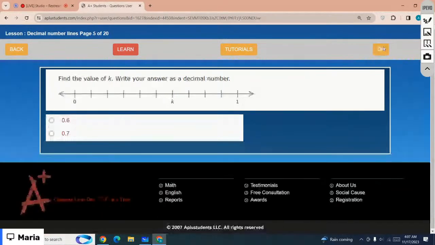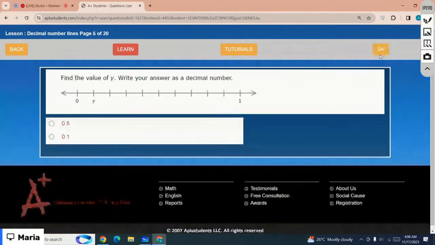Find the value of k, write your answer as a decimal number. So what is the value of k? Yes, that is 0.6.